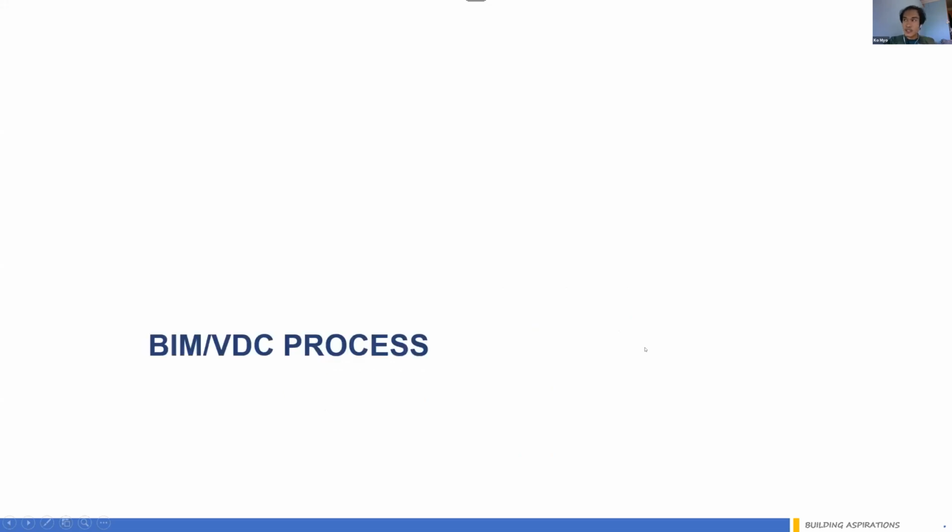So those are the requirements, which at least we need to know. Now that we know the BIM requirements, we can continue to deliver with the best workflow and process.